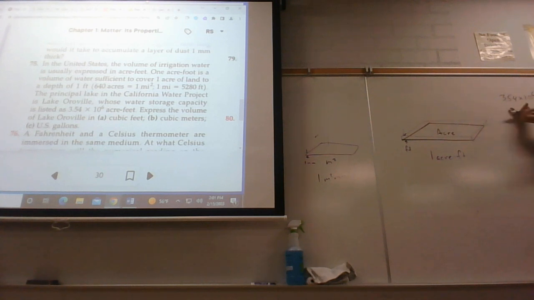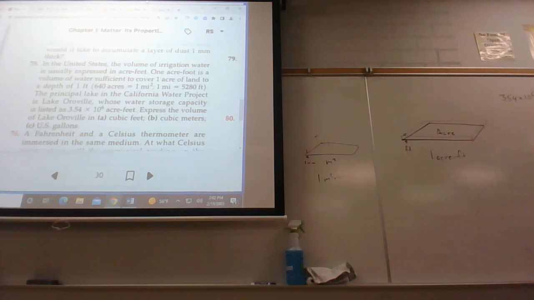How about Lake Oroville, the volume here? 3 sig figs or infinite? 3. So far we have 3 sig figs. Acres cancel, which gives us another composite unit, miles squared feet. But we don't want miles squared feet, we want to convert miles into feet.